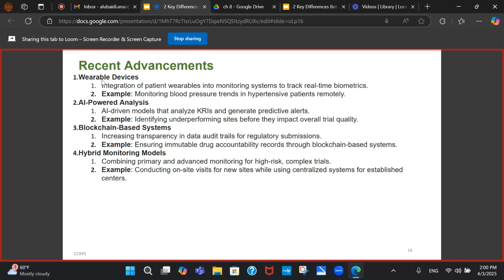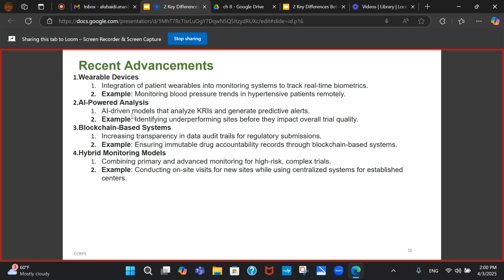Number two, AI, artificial intelligence powered analysis. Here we have AI-driven models that analyze KRIs, the risks, and generate predictive alerts. So analyzing any risks and generating any alert accordingly if needed by using AI-driven models.